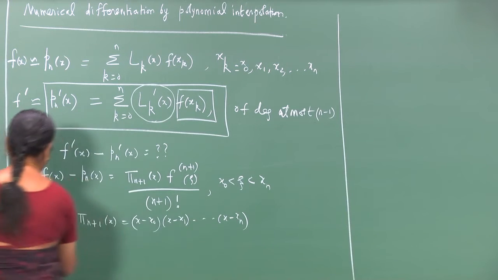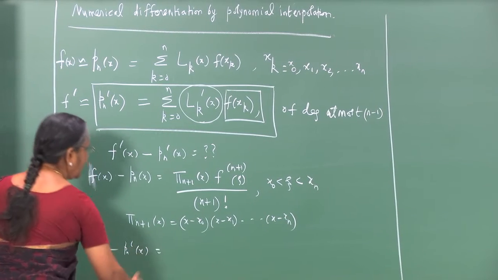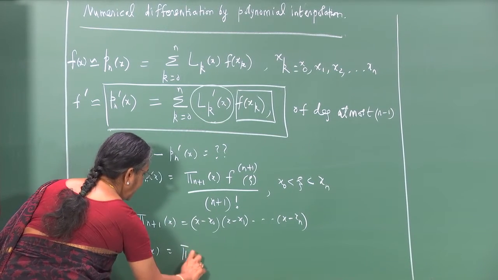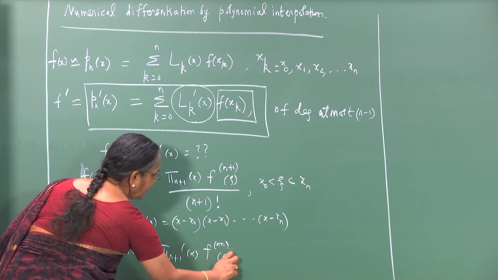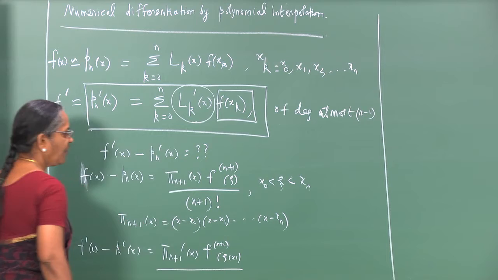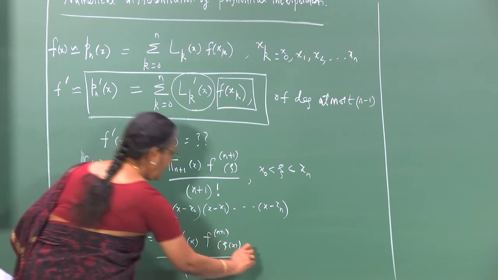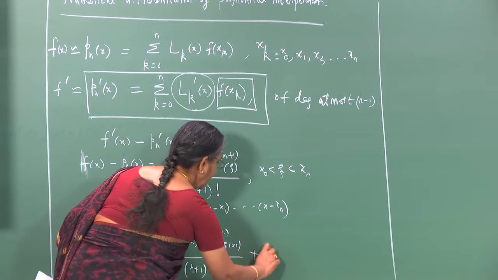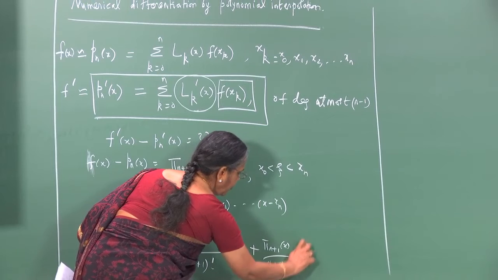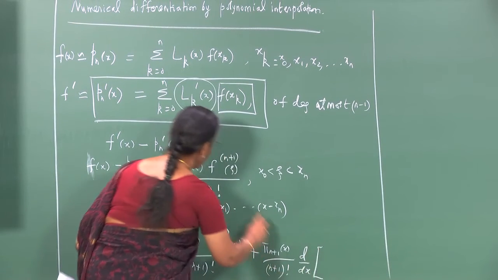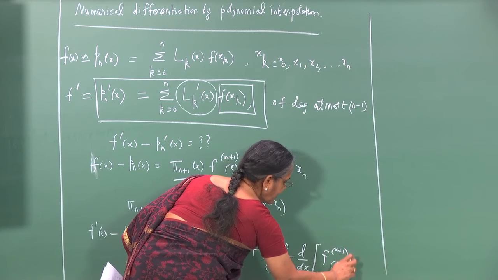If I compute f dashed of x minus pn dashed of x from the above expression, I get pi n plus 1 dashed of x into the n plus 1th derivative at psi by n plus 1 factorial, recalling that psi is a function of x, plus pi n plus 1 of x by n plus 1 factorial into d by dx of the n plus 1th derivative of f as a function of psi of x.